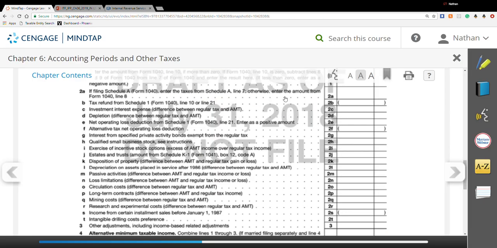Okay, so here's the tax refund from Schedule 1. We have to put that in. Notice again, it's in parentheses, so we're going to subtract that out. We have investment interest expense, depletion, the difference between regular tax and AMT. And this is other stuff we would have to actually figure out.